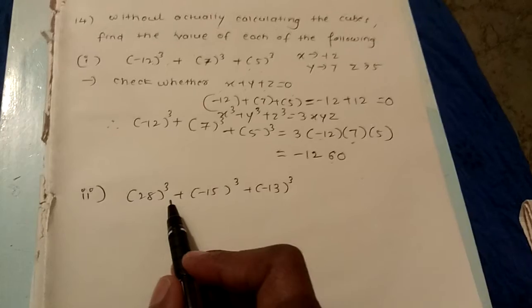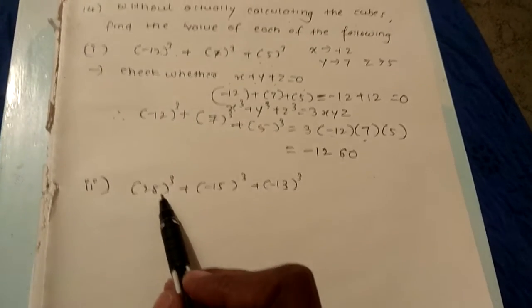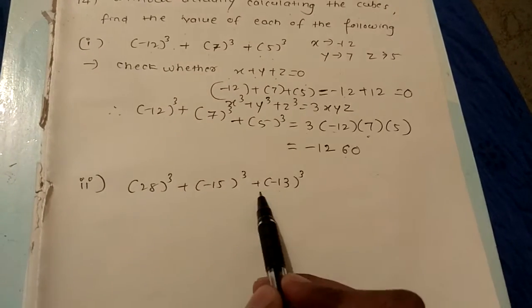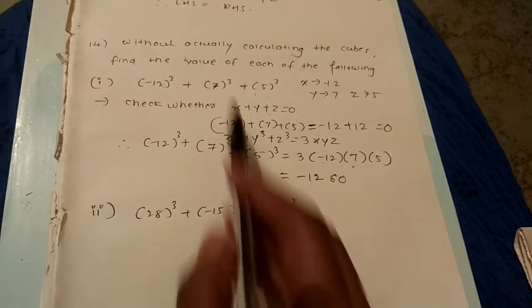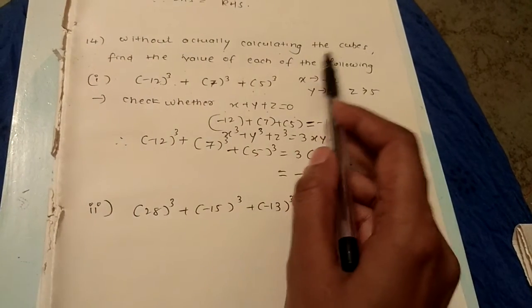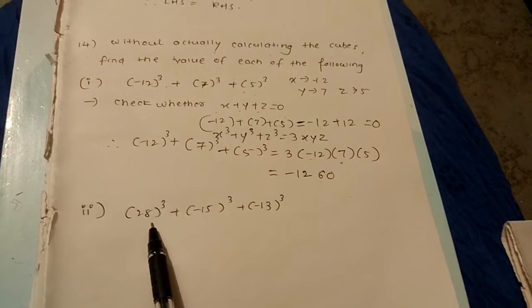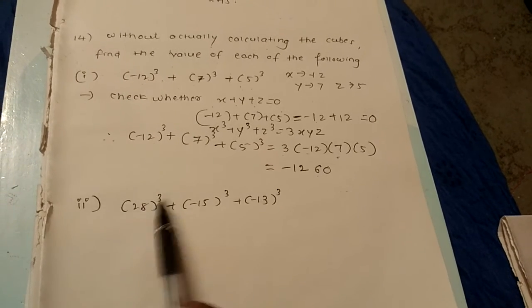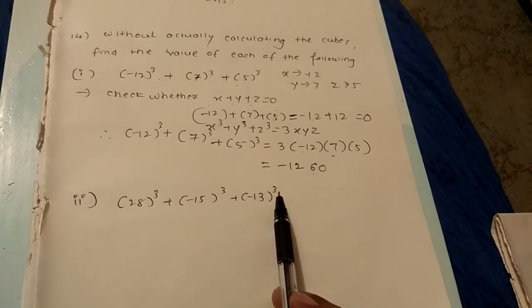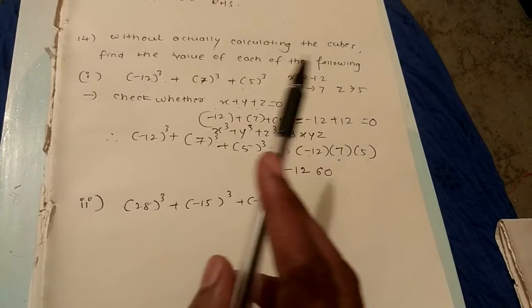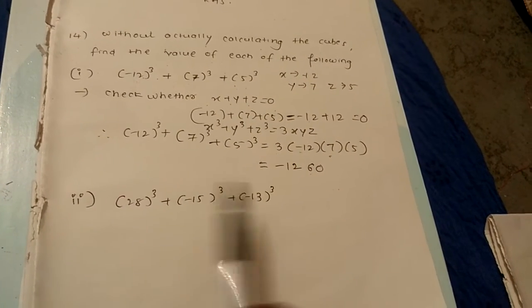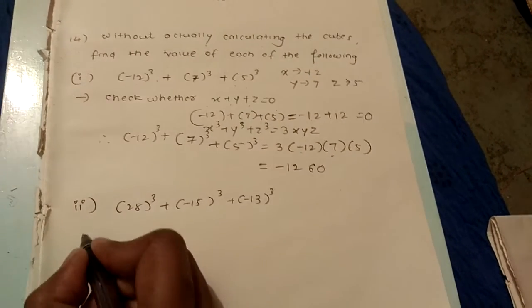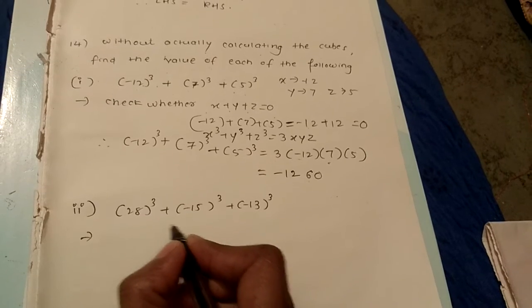Similarly we will find the second one. The second example in question number 14 is 28 cube plus minus 15 cube plus minus 13 cube. The question says without actually calculating the cubes. You could calculate by actual multiplication 28 thrice, minus 15 thrice, and minus 13 thrice, but they said that you should not calculate by the usual method. So just check whether x plus y plus z equals 0 or not.